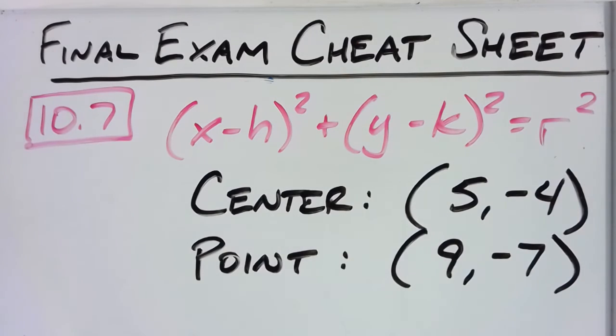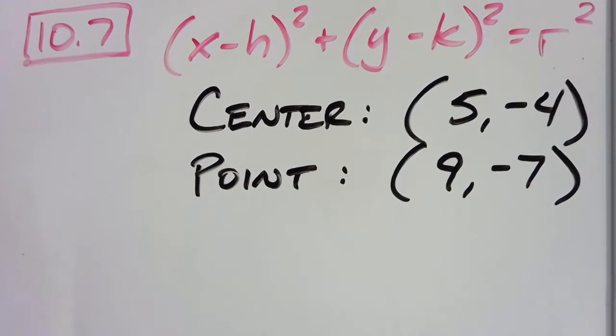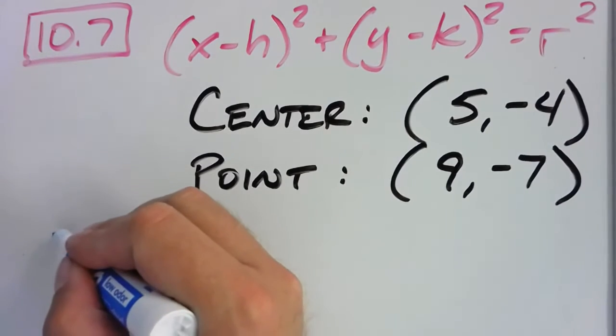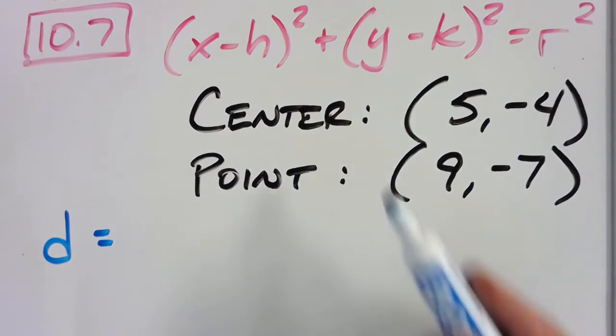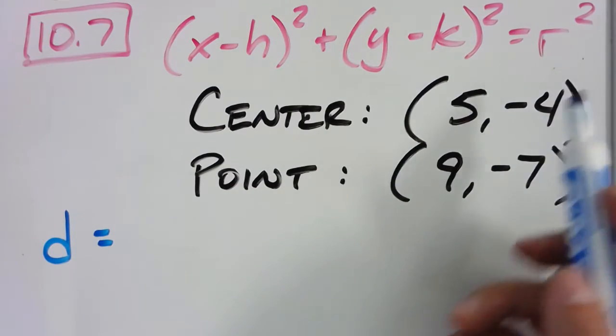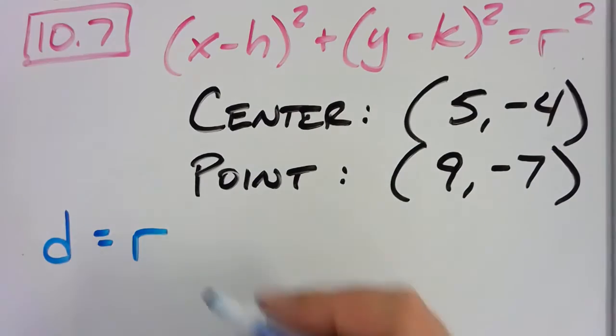So based on the information I'm given, I actually need to use the distance formula. And this will really be the legwork in this problem. Now, distance formula in the past has been expressed with d equals, but since the distance between these 2 points is the radius of the circle r, d here is going to be the radius r of this circle.